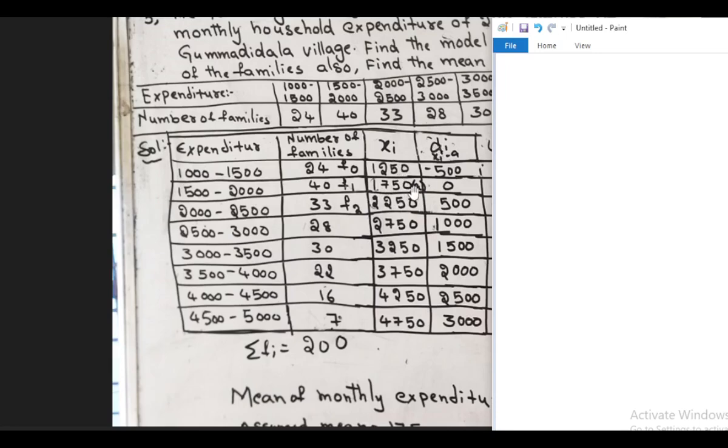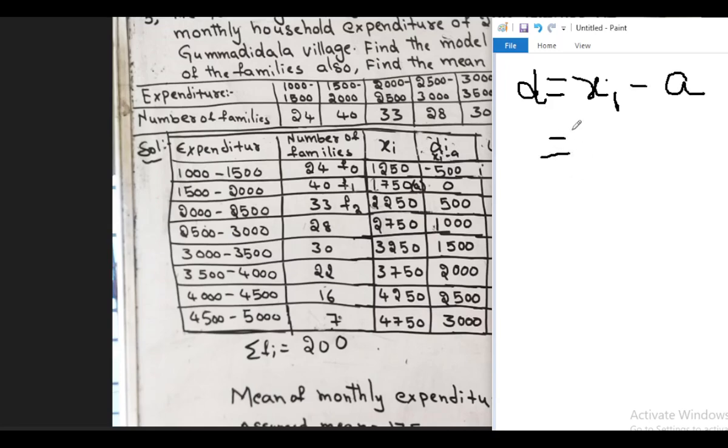If you subtract the assumed mean from the midpoint xi, you get the deviation. Only to reduce the data we are taking the deviation, not for any other purpose. By that the data will be reduced somewhat.